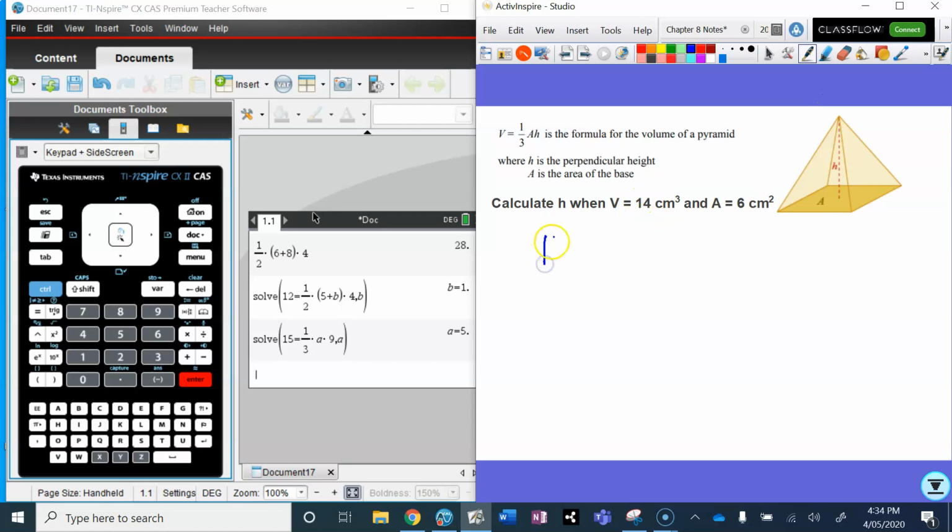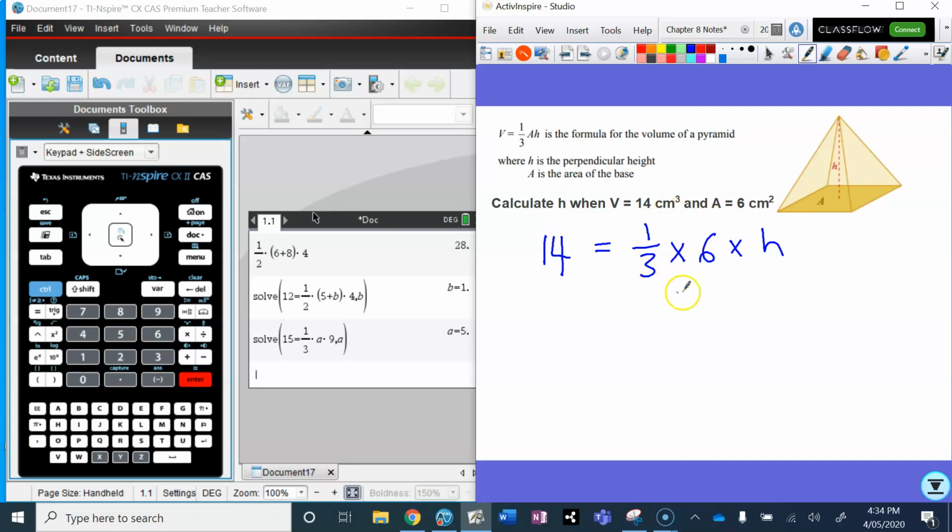So I'll put down 14 is equal to 1/3 times the area of the base times the height. So again, it's not an unknown subject, it's an unknown letter somewhere else in the formula. So if I was doing calculator, it would be a solve type question. If I'm doing it by hand, I've got to do a bit of rearranging to get that h by itself.